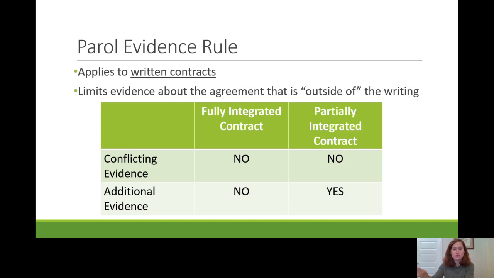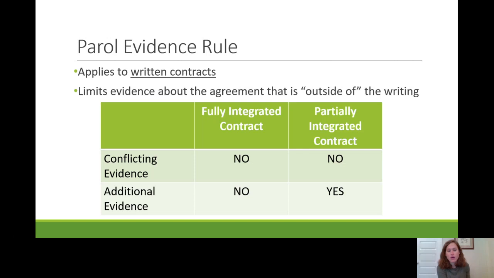What the parole evidence rule says is you can't even tell a jury that there were previous discussions or previous communications that are inconsistent with that contract. What that effectively means is you can't raise that as any kind of a defense. You can't argue with it. If you sign a document, those are the terms that you are bound to, period.